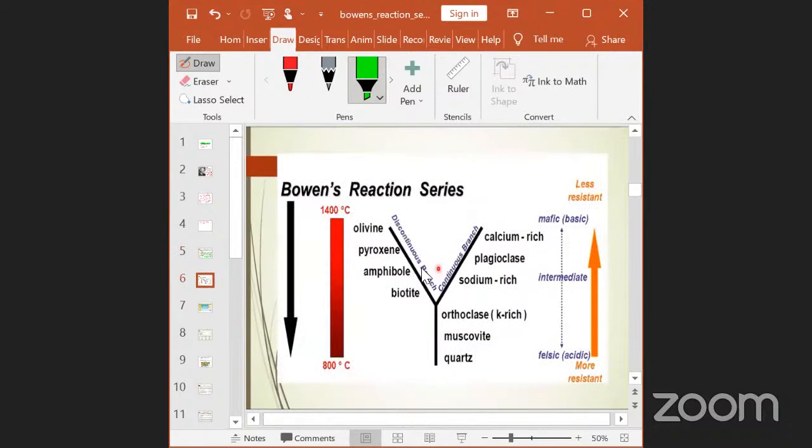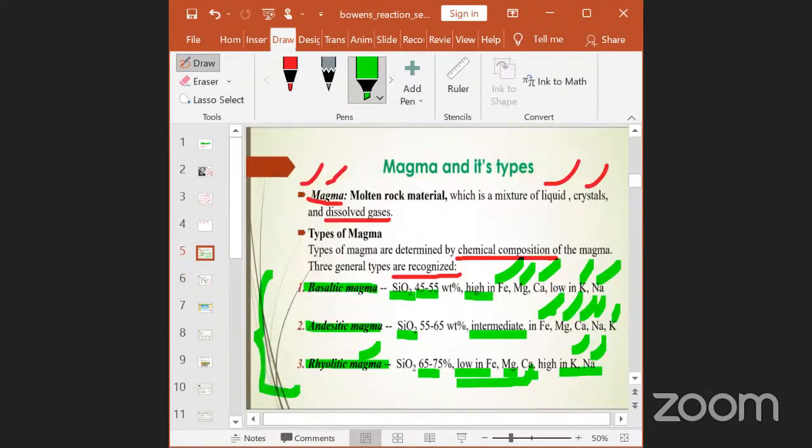So we need to keep these terms in mind, and how the silica percentage changes within these three magmas.